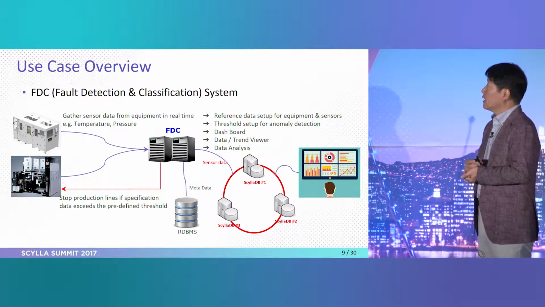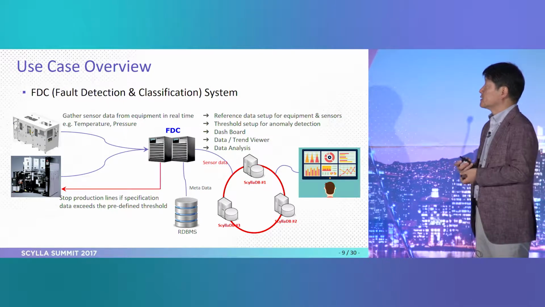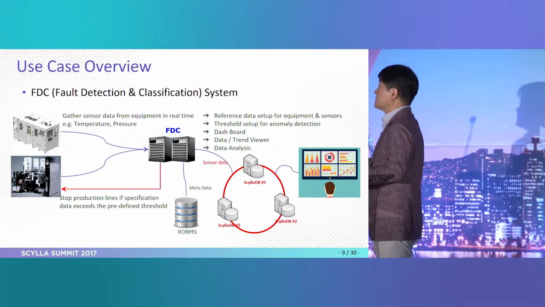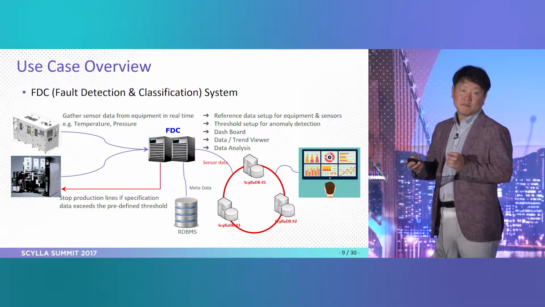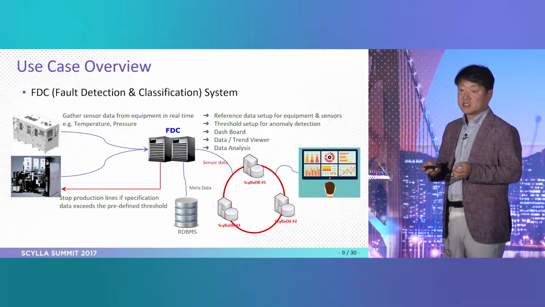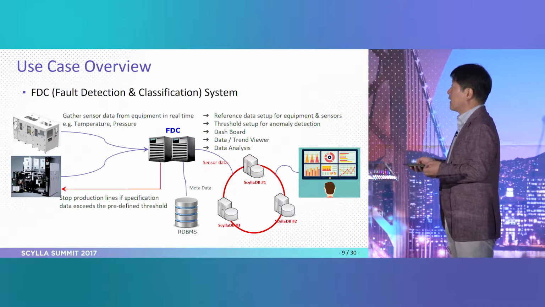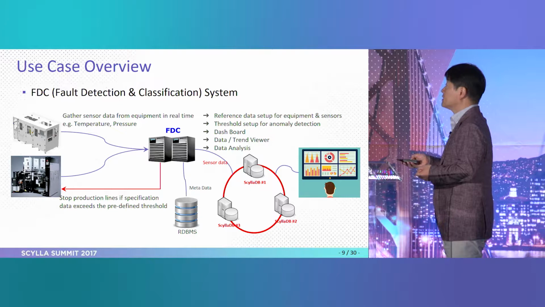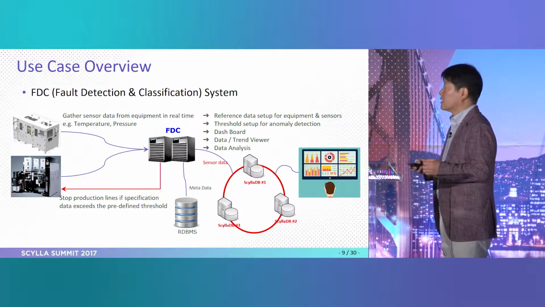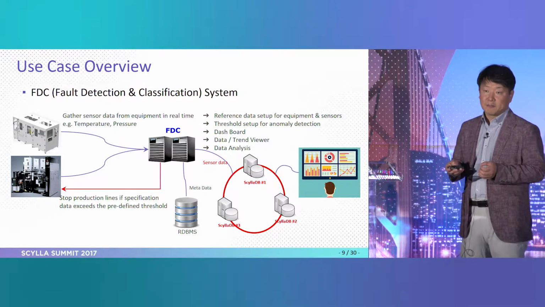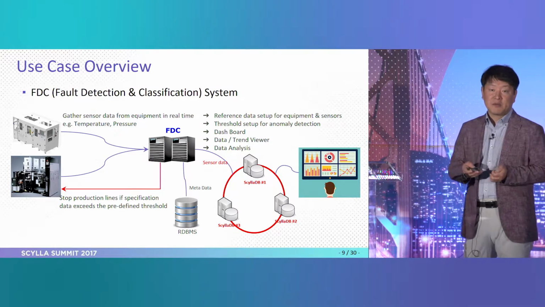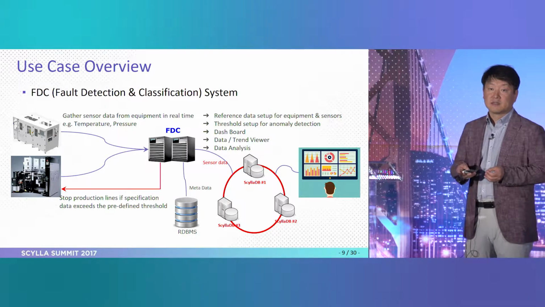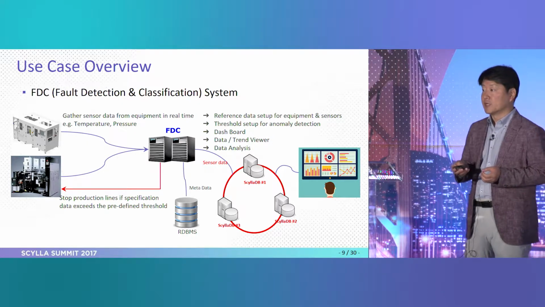Okay, this use case system is called the fault detection and classification system. This is a server system over MES, manufacturing execution systems. FDC systems gather sensor data from equipment in the manufacturing plant in real time, such as temperature and pressure and some spec data, such as width, height, and those kinds of things.